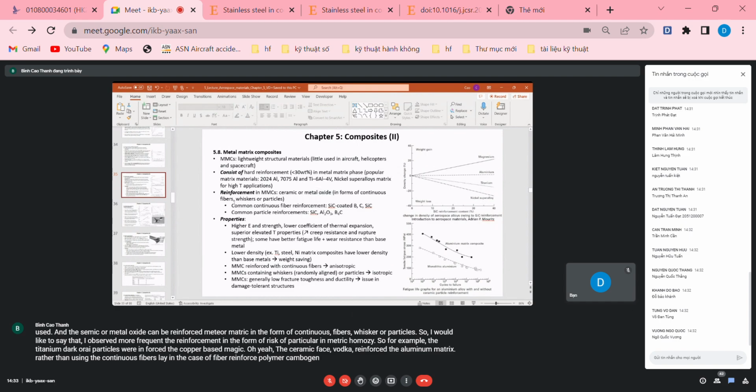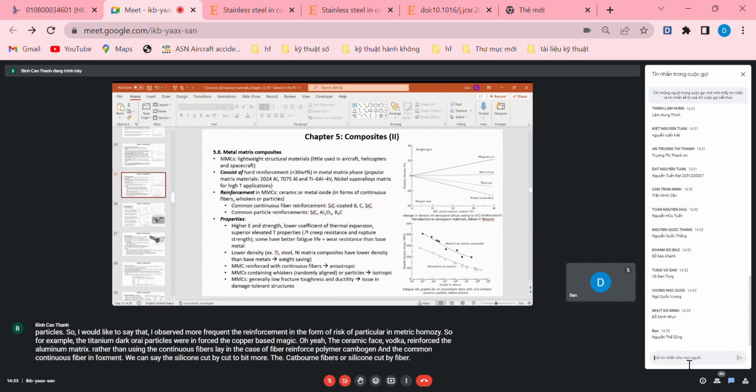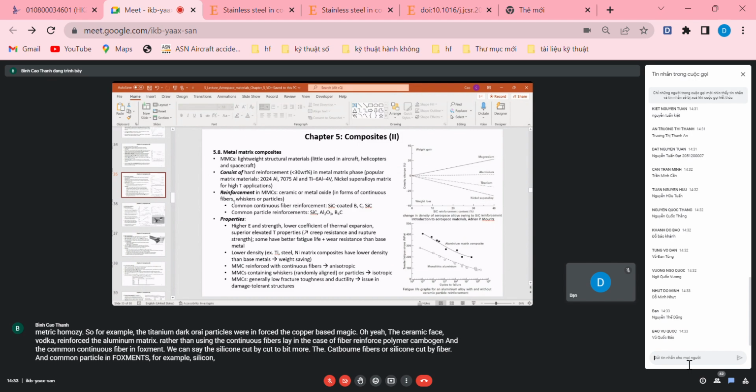And the common continuous fiber reinforcements are silicon carbide coated with boron, carbon fibers, or silicon carbide fiber, and common particle reinforcements are, for example, silicon carbide, alumina, or boron carbide.